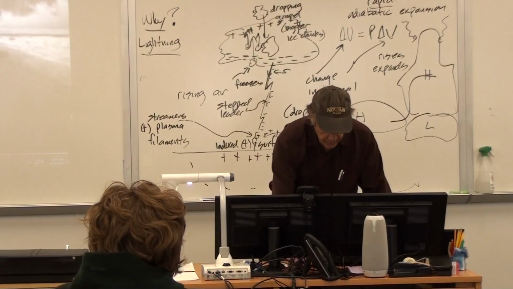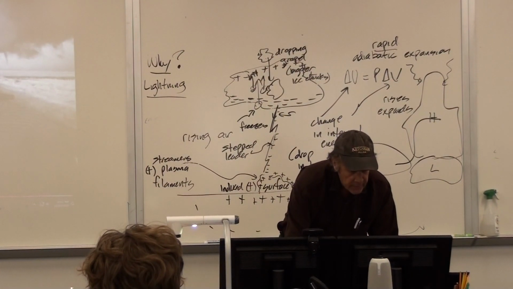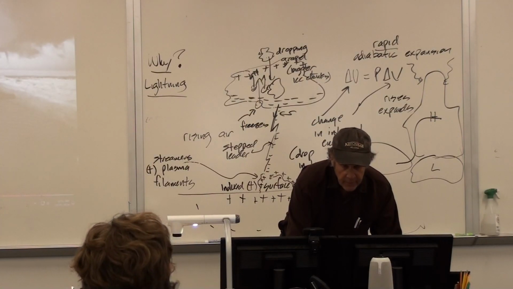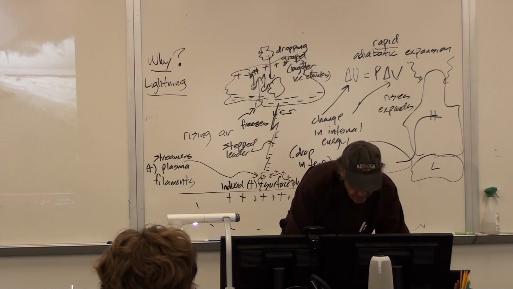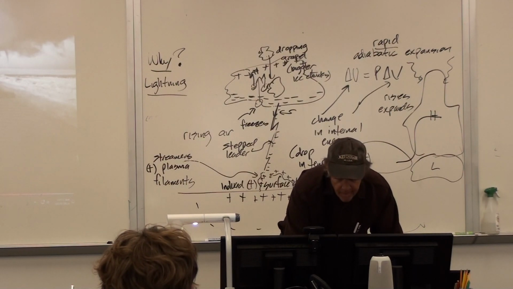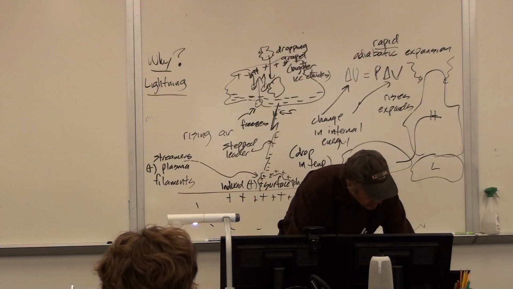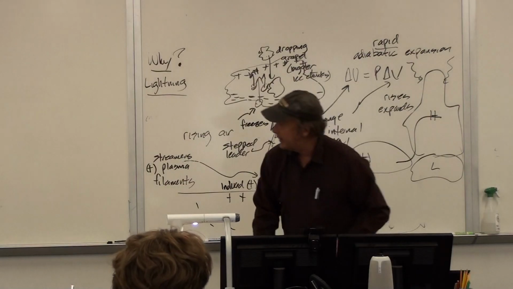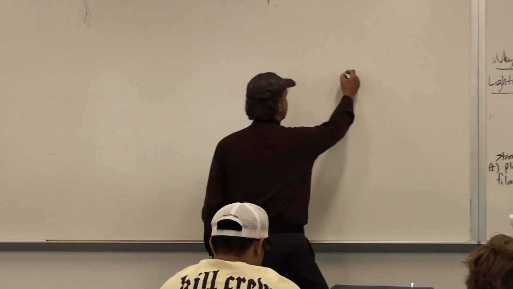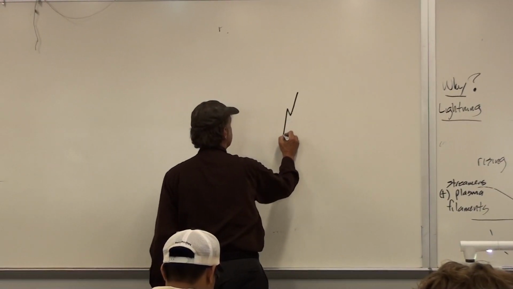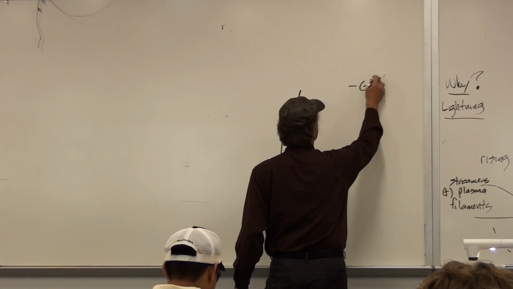The main thing that I wanted to emphasize here is that the most common kinds of lightning strikes are what they were calling the negative CGs.